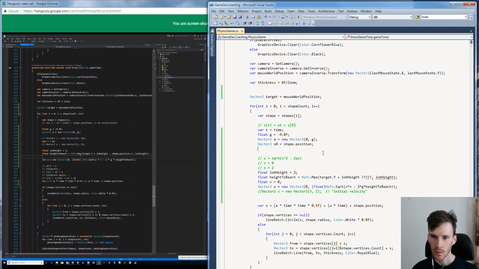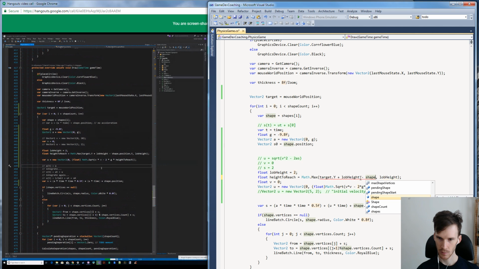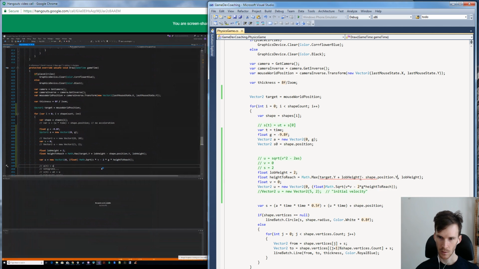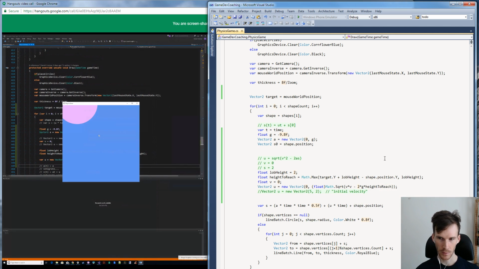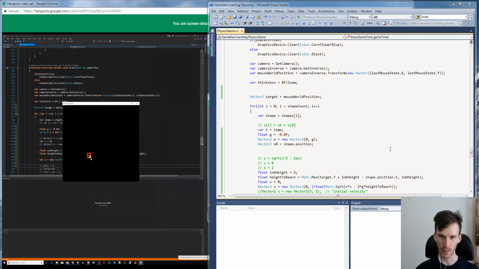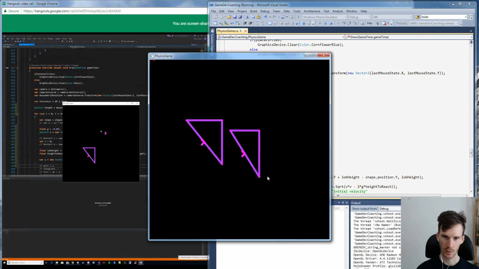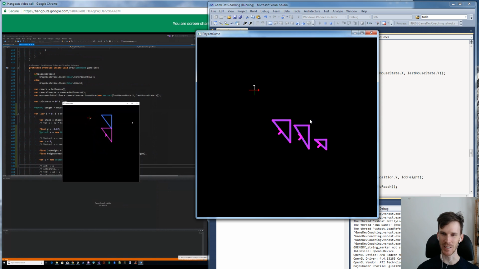Okay. We haven't done the x plane yet, but this will be fine. Now, if you make multiple shapes, they go at different speeds, which is fun.